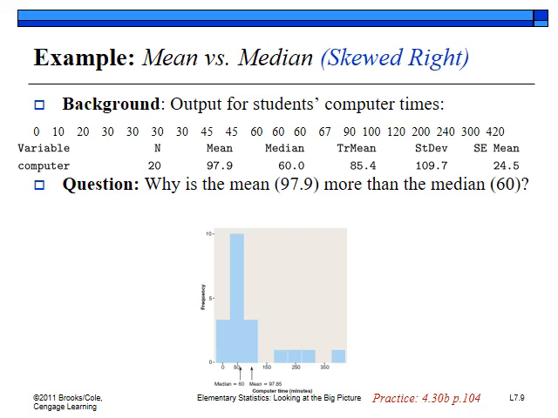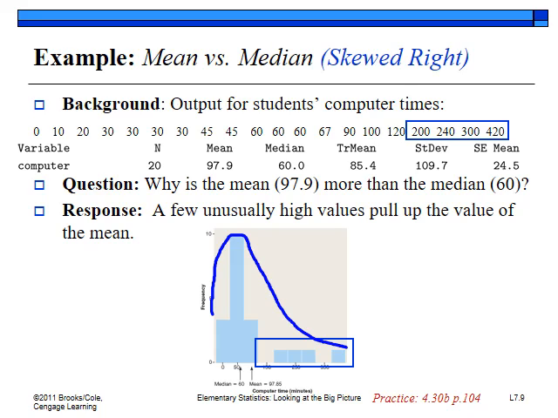Why? Again, if you look at this distribution, we see one peak and a very pronounced tail to the right. This data set is skewed right. Those unusually high values for this variable pull the mean in the direction of the tail.